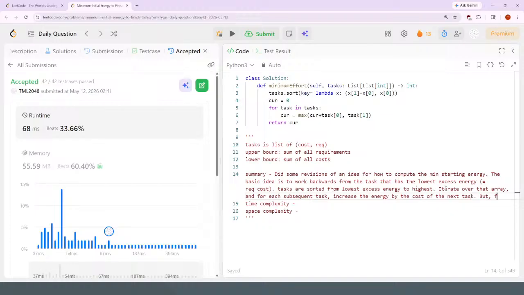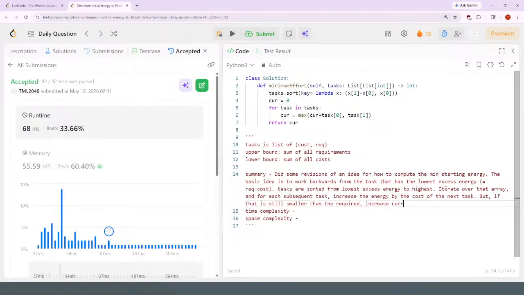But if that is still smaller than the required, increase current energy level to required.